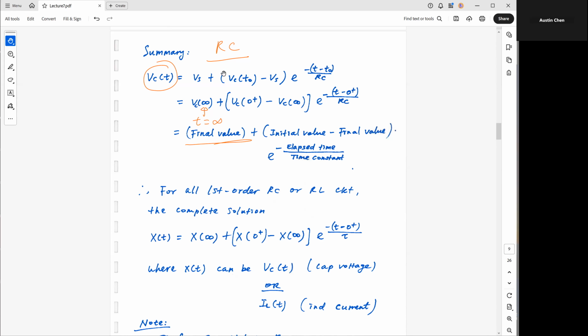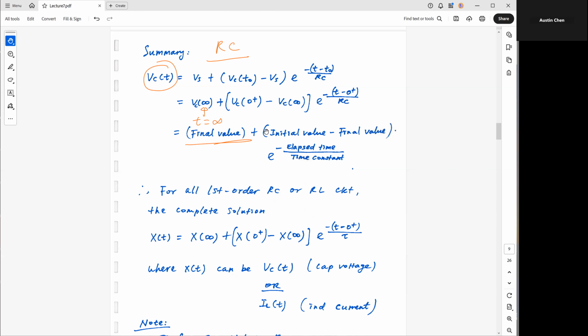So VC at infinity plus VC at 0 plus, the initial value, minus VC at infinity, again the final value, and the whole thing multiplied by the exponential function. Since t0 is now equal to 0 or 0 plus, I can simply look at t on top divided by RC. Again, this is my time constant.